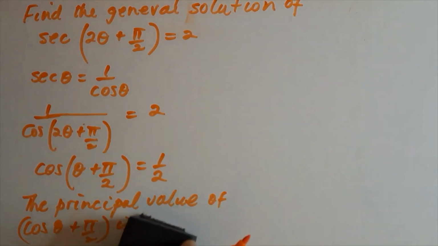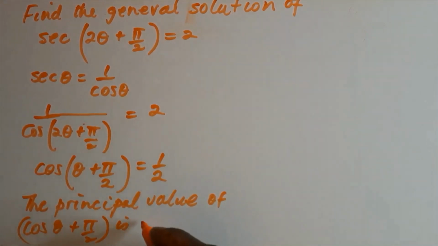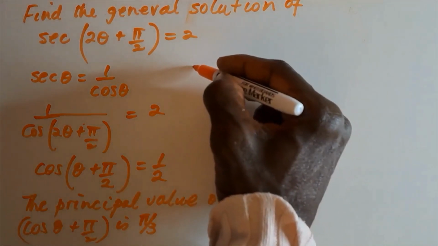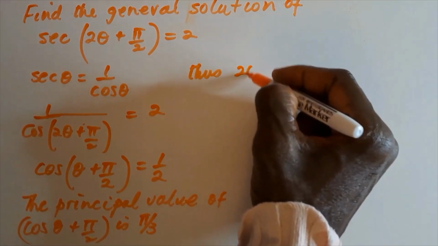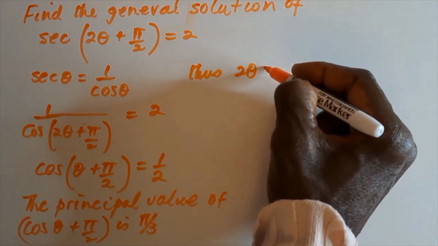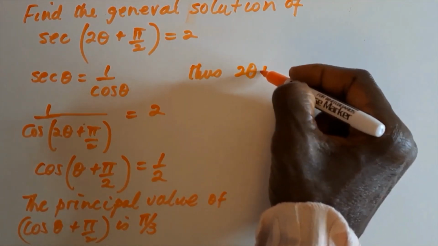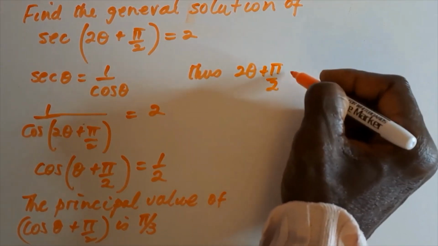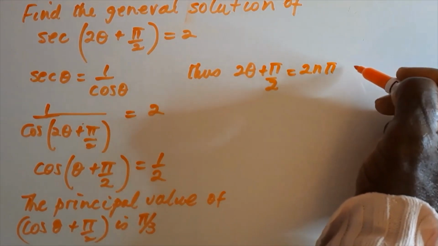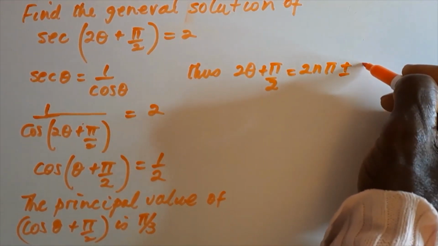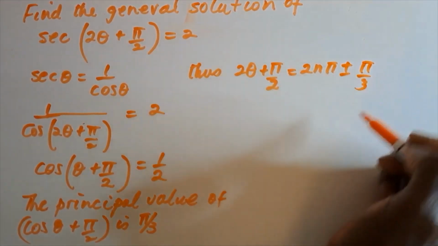Let's write that. So thus we can write that 2 theta plus pi over 2 is equal to 2n pi plus or minus pi over 3.